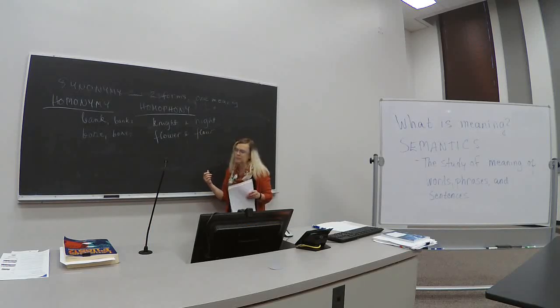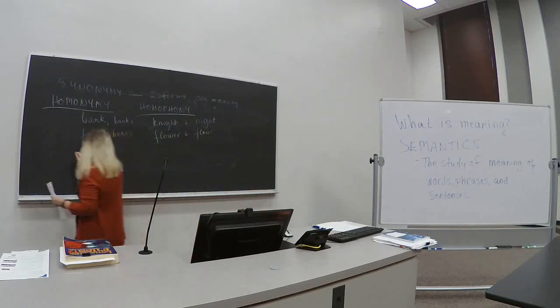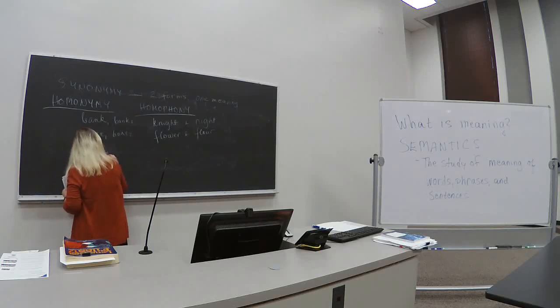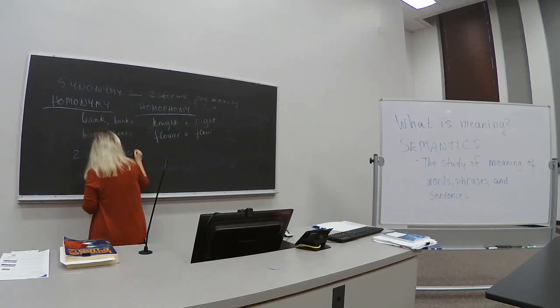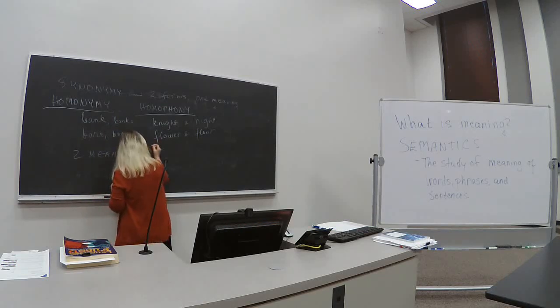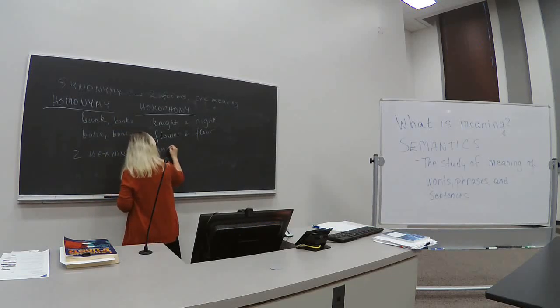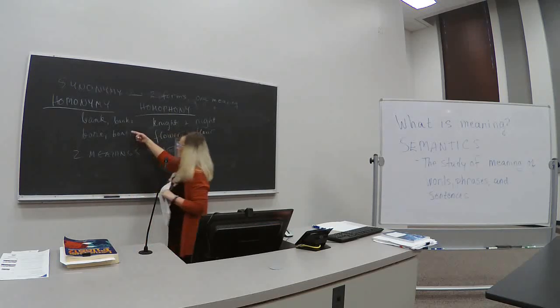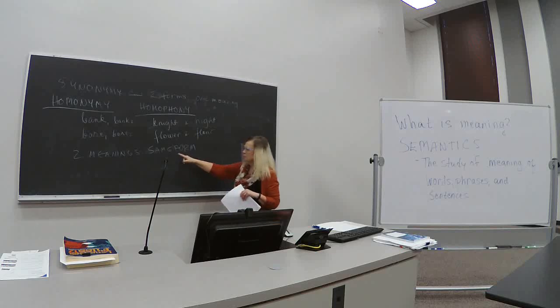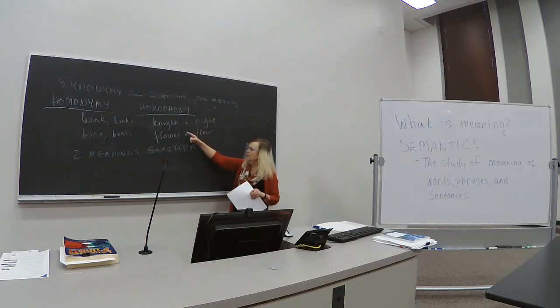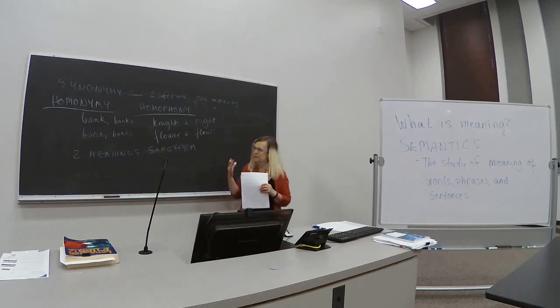In the case of homonymy, we have two meanings and the same form. So in the case of homonyms, the form is the same even when we write it down. In the case of homophones, we have the same phonological form, but not the same orthographic form.